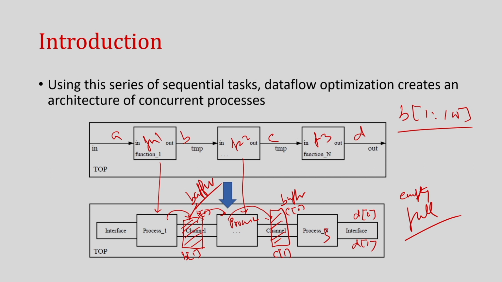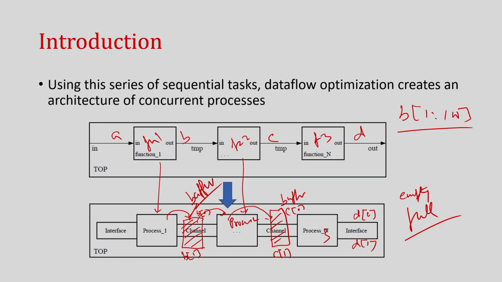As a result, there may be scenarios when the consumer process has to wait for the data. Similarly, if the consumer process is very heavy or has a lot of computation, the producer process probably has to wait until the consumer consumes the next data.